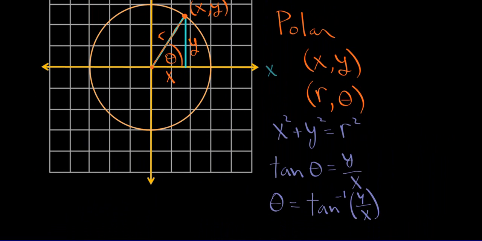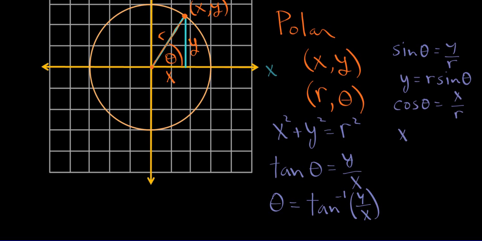One is, notice that if we take the sine of theta, that's equal to y over r. And that means that y equals r sine theta. And also, we know that cosine theta is equal to x over r, which means that x is equal to r cosine theta.